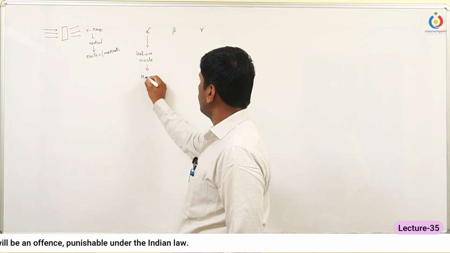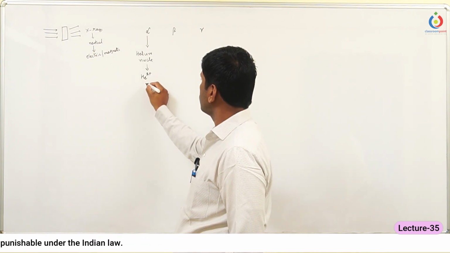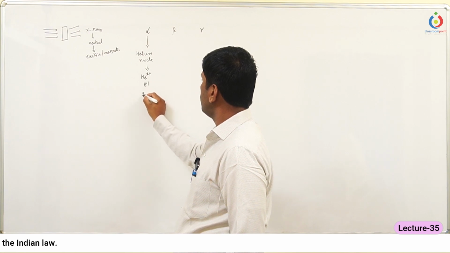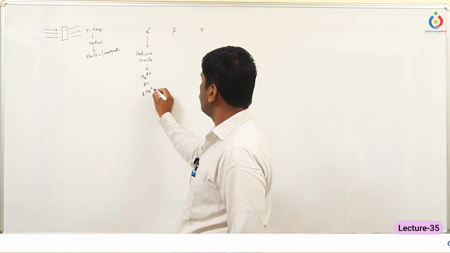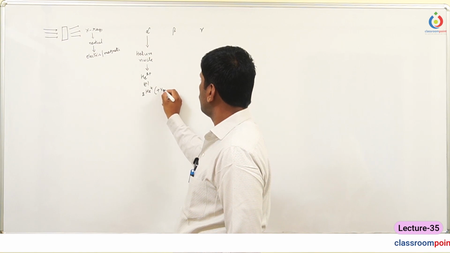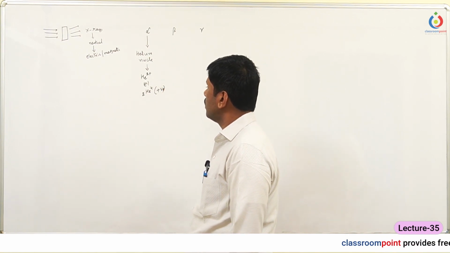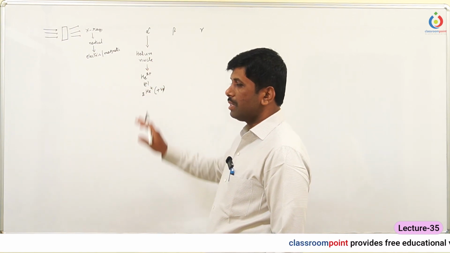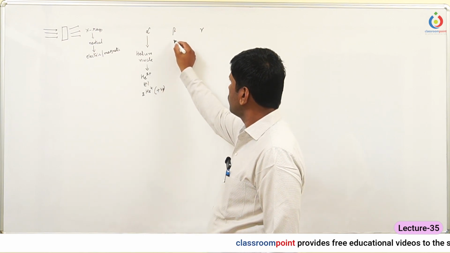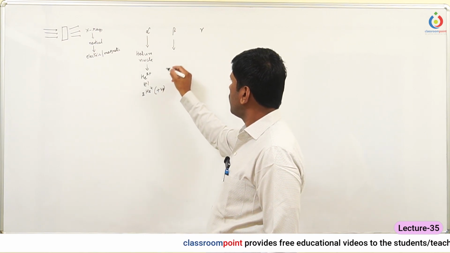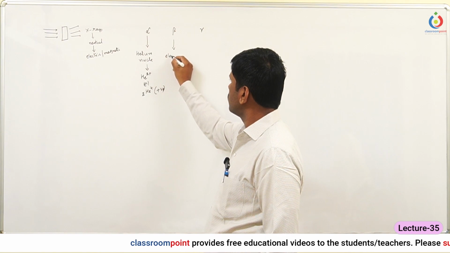So we can write this as He2+ ions or simply 2He4, which has two positive charges. So alpha particles are basically positively charged particles.